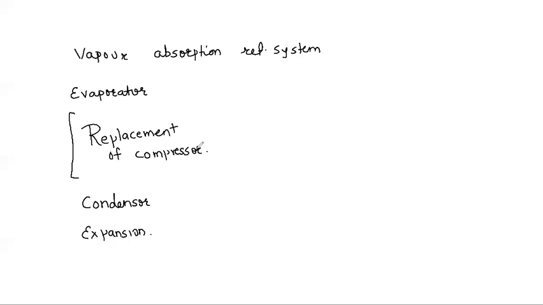As I said, the compressor plays a vital role. And what is its role? The role of the compressor is to maintain the pressure differential between the evaporator and the condenser. What is done in the absorption system is that, instead of a compressor, you have three components. One is the absorber, the second is the pump, and the third is the desorber.